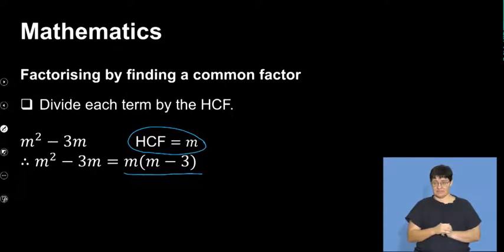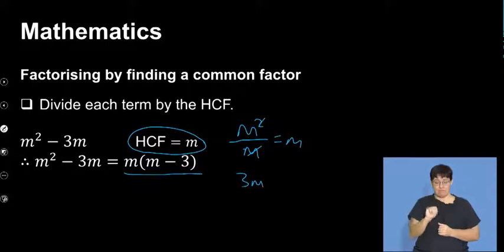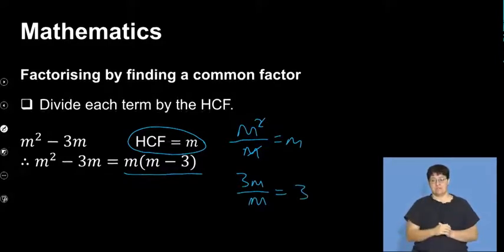Let's start with the first one. m squared divided by m will then give me just m. And if I take the 3m divided by m, it will then give me just the 3. Hence, inside the bracket, I have m and I have 3 there, and then the m outside.